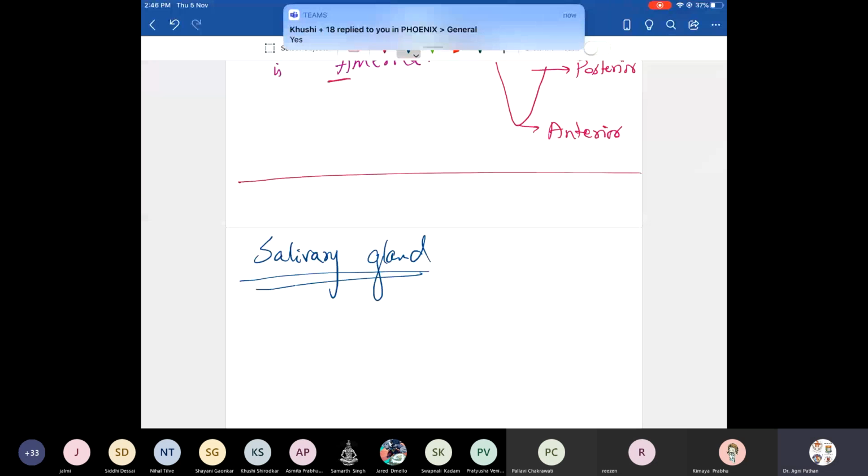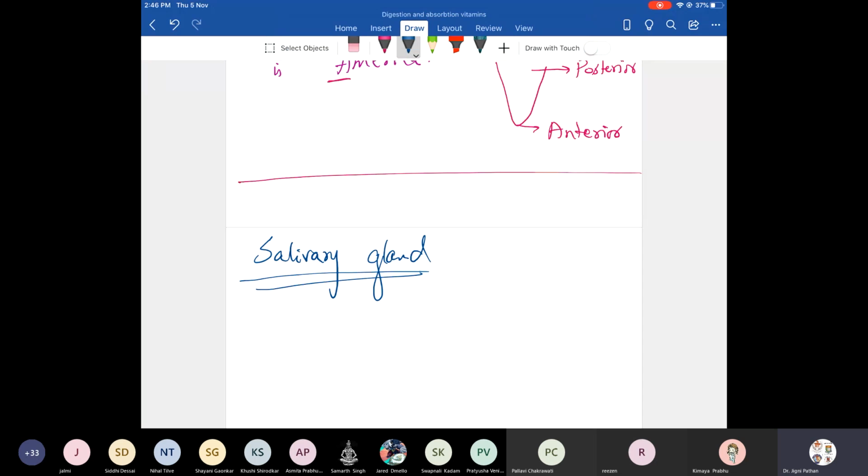Okay. Now we'll study about the salivary gland. One of the glands that is present in the oral cavity is the salivary gland. Let us draw this. Very important. You need to understand this.